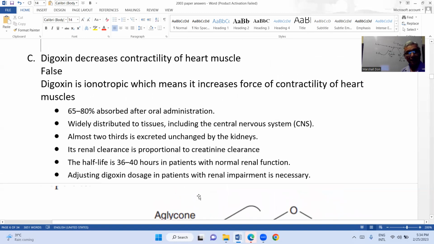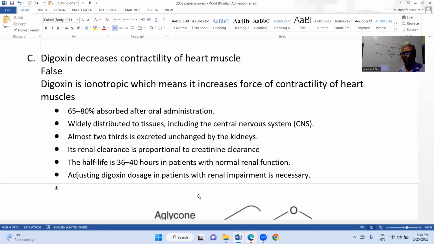Digoxin decreases contractility of heart muscles. That is false, it increases the force of contraction, but not the rate of contraction. Heart rate is not affected, but contractility is increased.